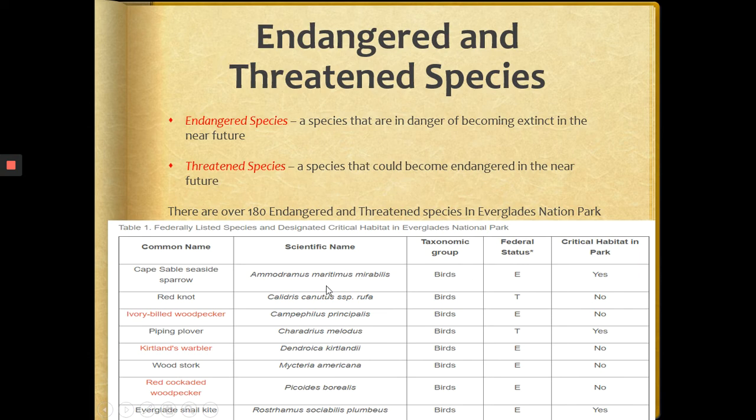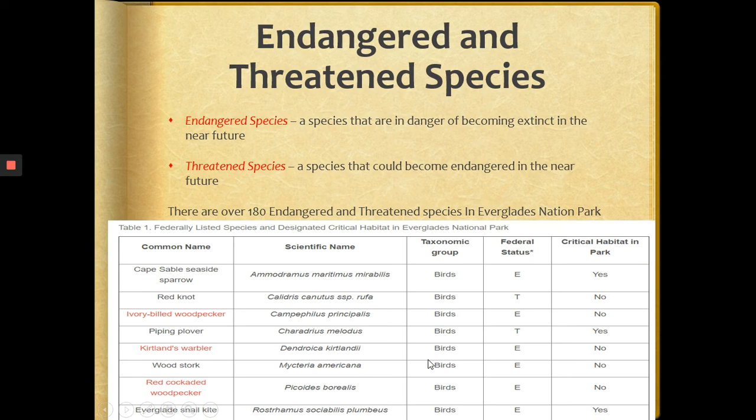Here you can see the scientific name, the common name, and like I said, this is just the birds. And there's over 180 species of plant and animal that call the park home that are either threatened or endangered.